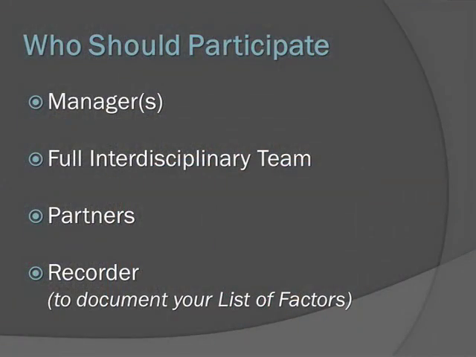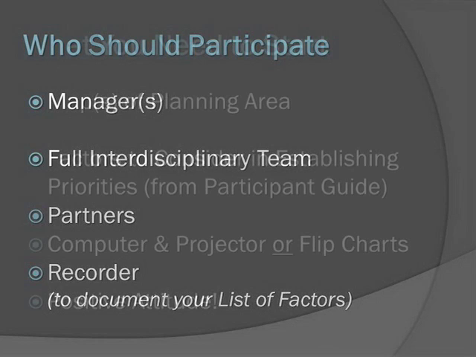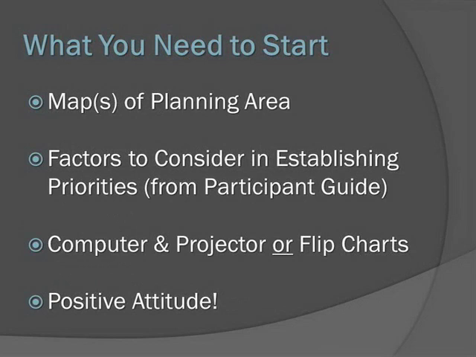You need to have management involvement for this exercise because they will provide clarity and direction on factors that are most critical for your office to consider, and that's going to help you guide the discussion. Of course, you should have maps of the planning area spread around, and there are a couple of ways you can start this.